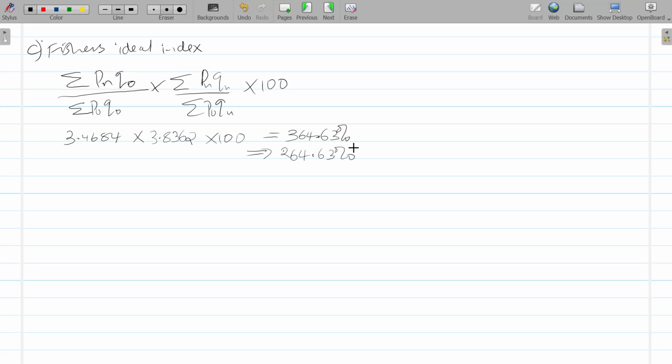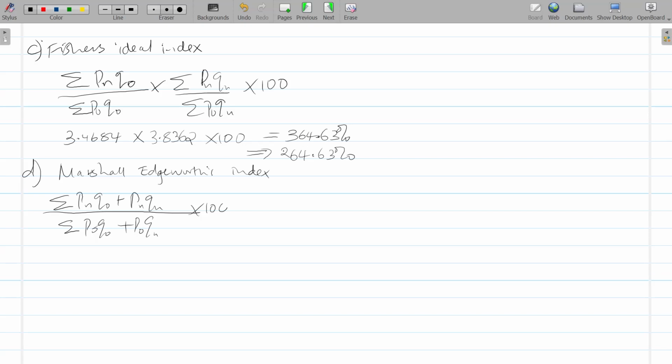Now we move to Marshall-Edgeworth index. This one, the formula is summation of Pn Q naught plus Pn Qn over summation of P naught Q naught plus P naught Qn. Then we multiply by 100.